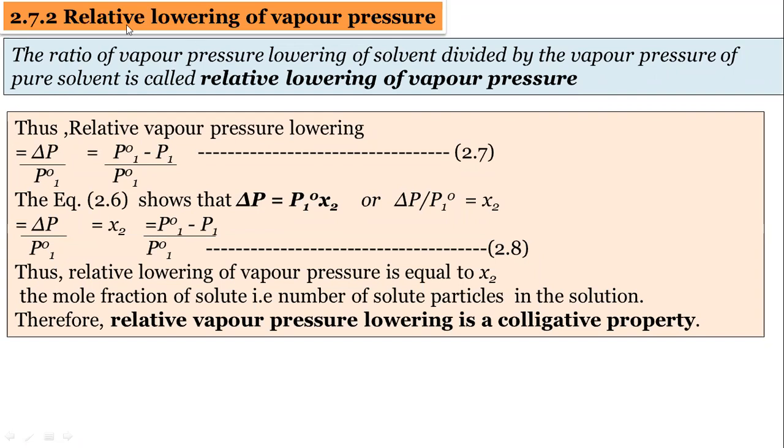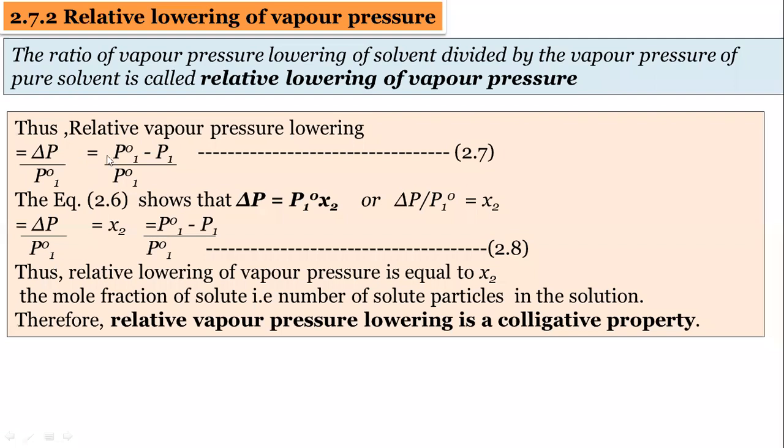So already you know about this delta P, but relative lowering of vapor pressure is nothing but delta P upon P01. You know this delta P, and you know this P01 also. So we can prepare the definition of relative lowering of vapor pressure. It is the ratio of lowering of vapor pressure to the vapor pressure of the pure solvent.